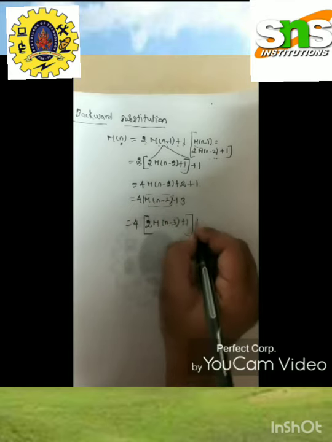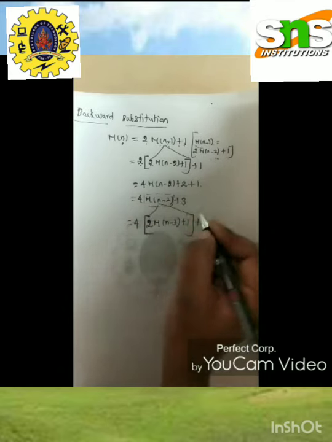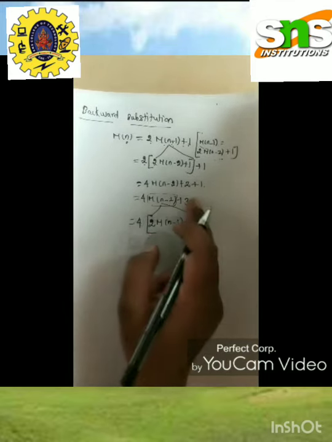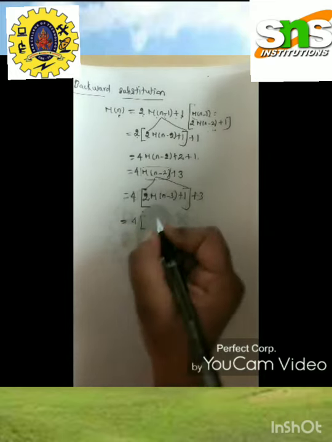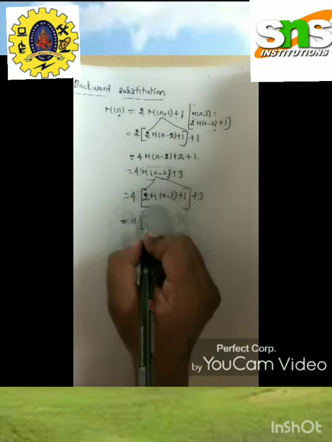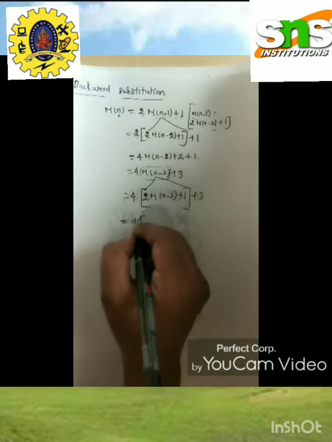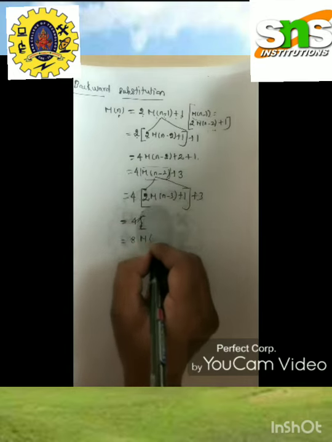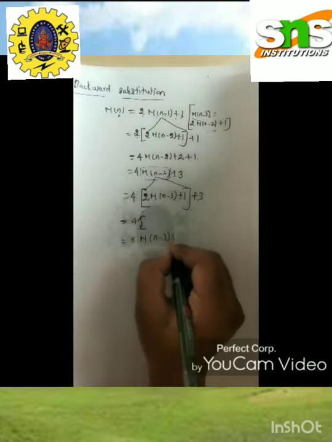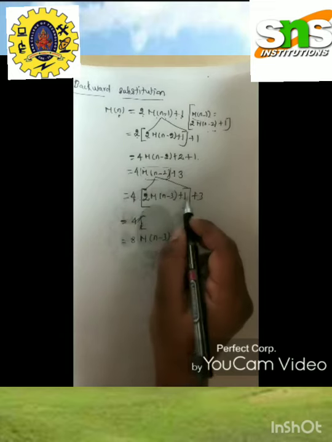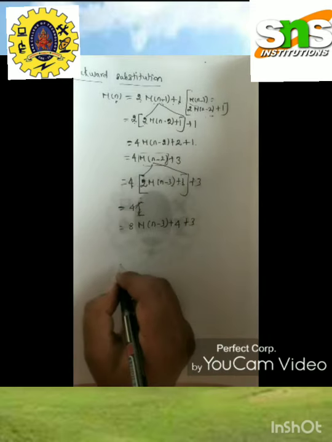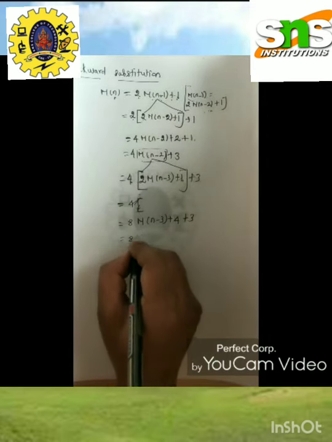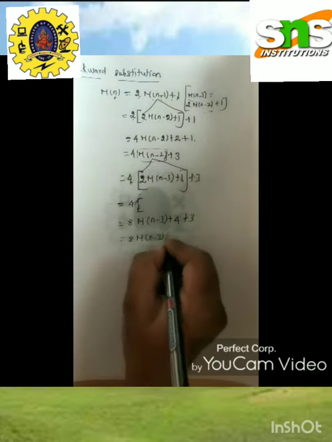Then this separate 3. So for the entire term I substituted this one, then plus 3. Again I simplify: 8 into m of n minus 3 plus 4, plus 4 into 1, 4, plus 3. So 8 into m of n minus 3 plus 7.